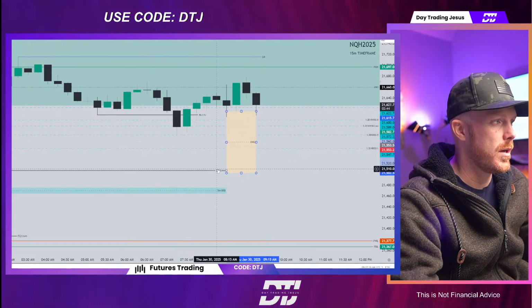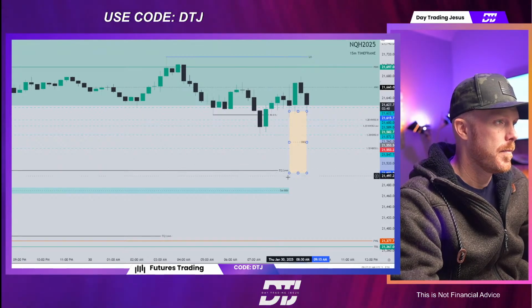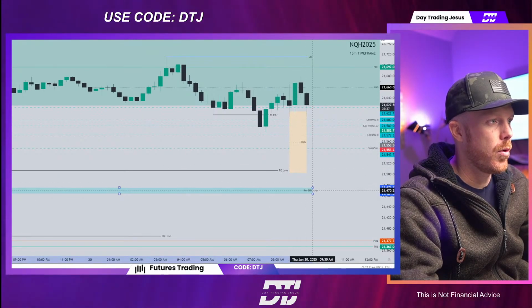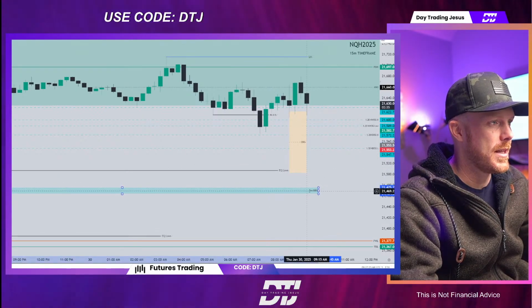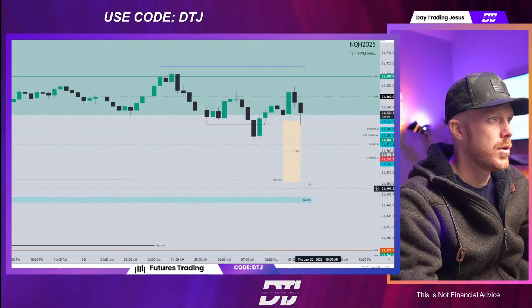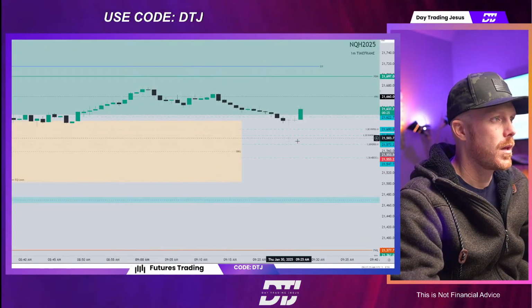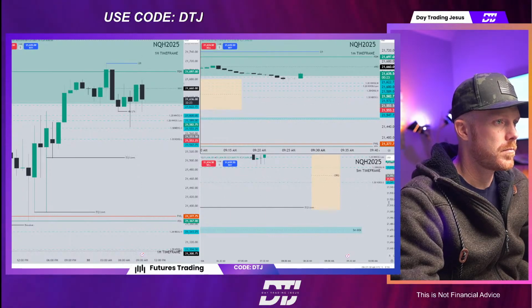It will sweep this liquidity, see if it wants to run for equal lows, maybe, maybe not. And then the last point would be a 5-minute BISI that's sitting right here. After this, we just have these equal lows and the previous week low. So those are the levels that I'm looking at as far as price goes.